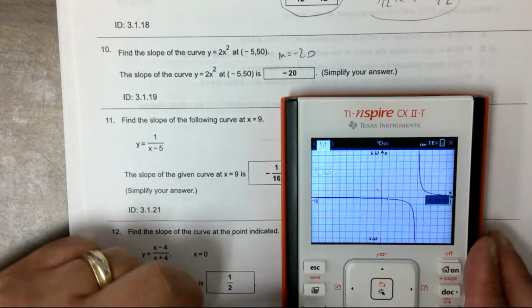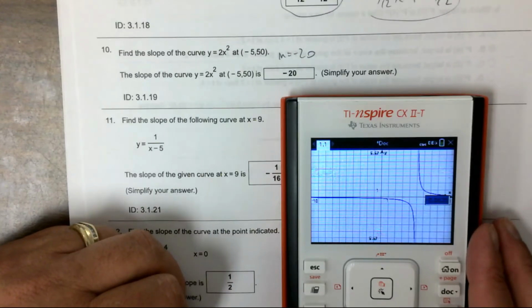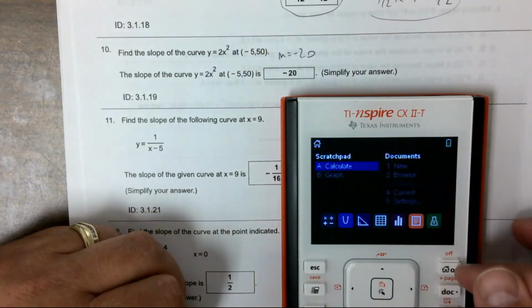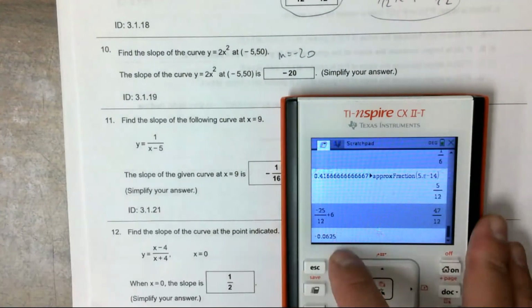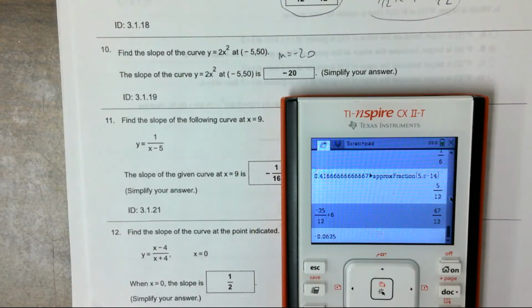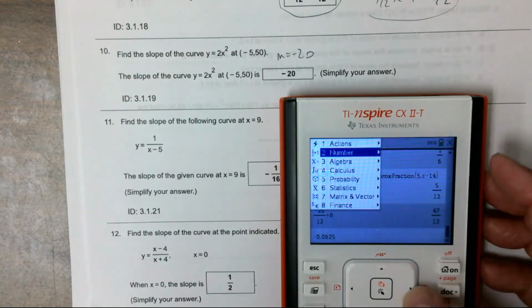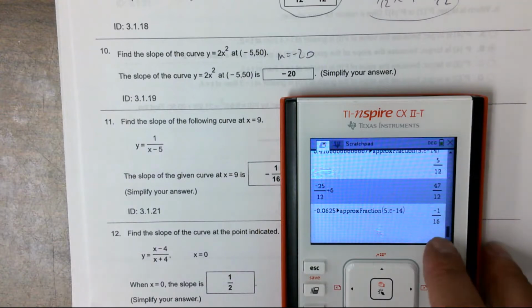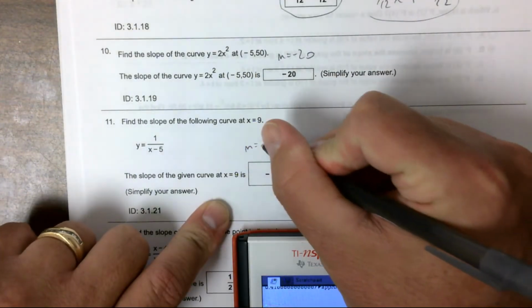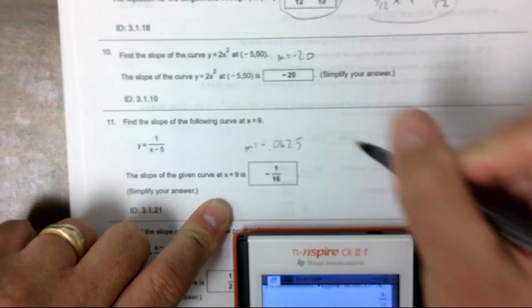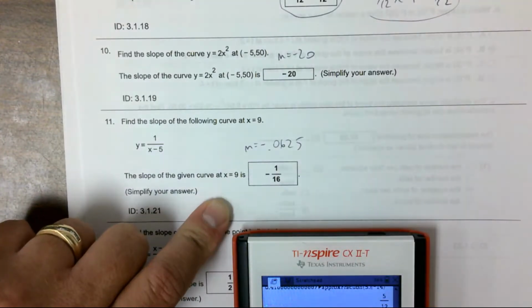Control C. Then I'm going to press on. Then I'm going to go to calculate, then Control V. Now this one does not keep on going, so just get it as -1/16. I had to convert that to the fraction.